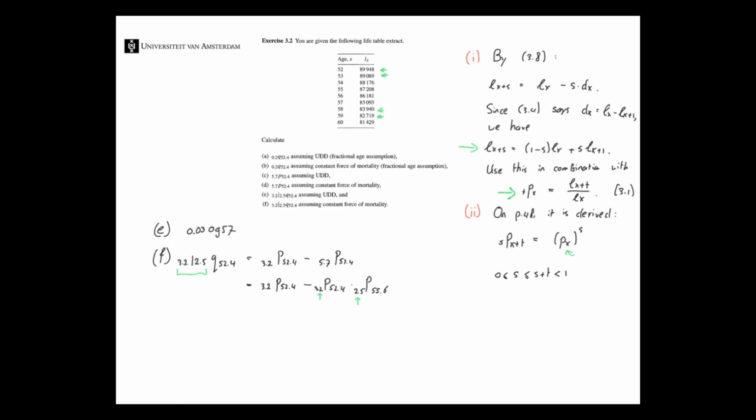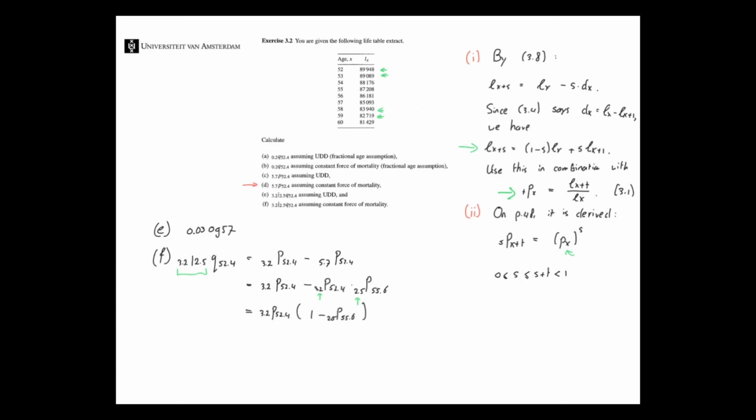Now, why is this useful? Well, we can factor out this probability, and doing that, well, now we have just two survival probabilities which we have computed in part D. This is where we computed a survival probability using the constant force of mortality.